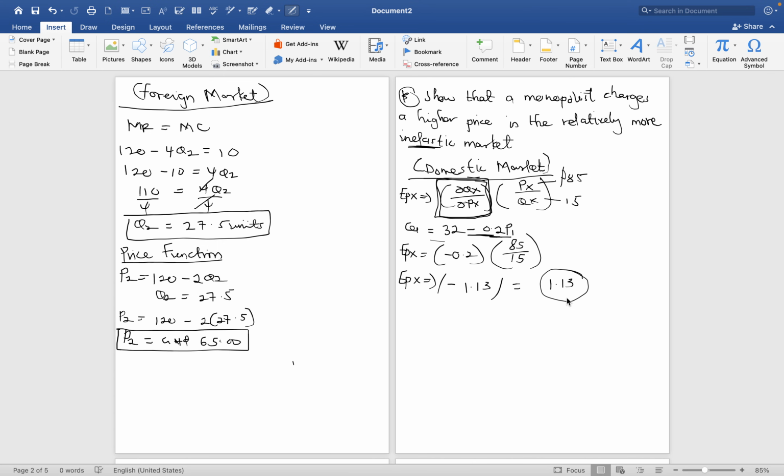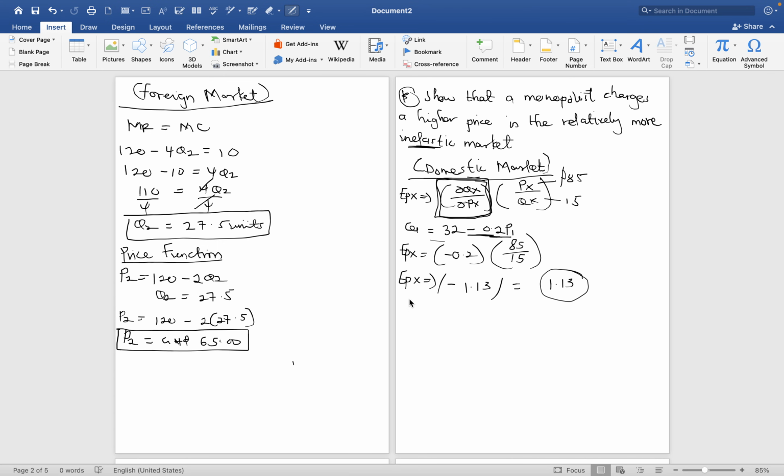You know less than 1 is inelastic, greater than 1 is elastic, equal to 1 is unitary. We are all aware that the firm is already charging in the inelastic market, so we just want you to prove it. After taking the absolute value, we realized it's elastic.